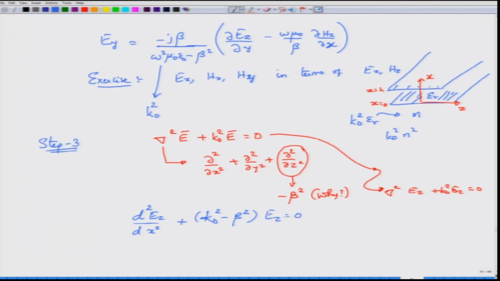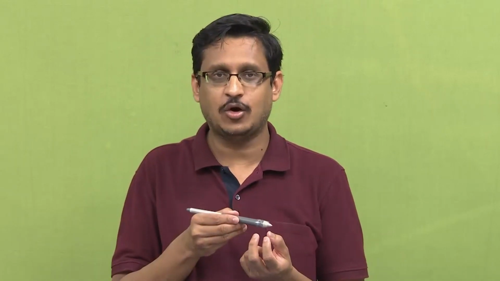Now, this is the equation that we wrote for Ez, but you can write a similar equation for Hz as well. So, replace Ez by Hz in these equations and you will be able to obtain an equation for Hz. Now, let us ask, are we going to talk about transverse electric modes or transverse magnetic modes? The essential difference we have seen is that transverse electric modes will have a component of electric field along the y direction.